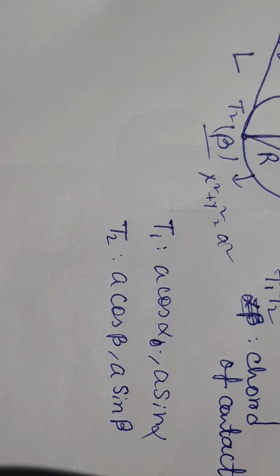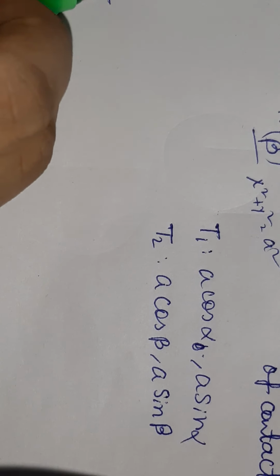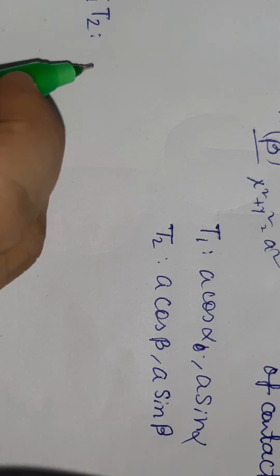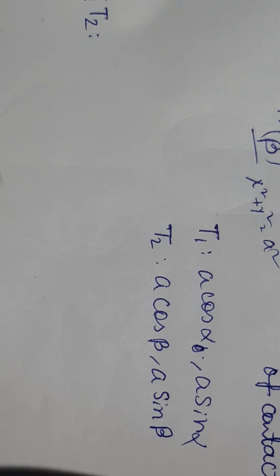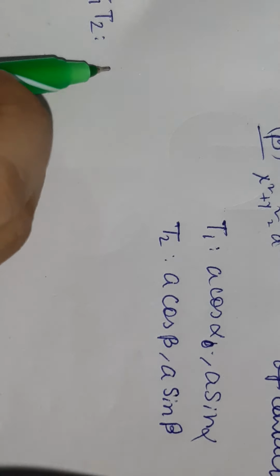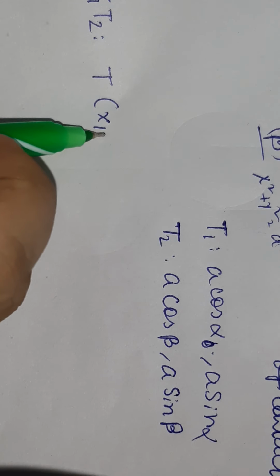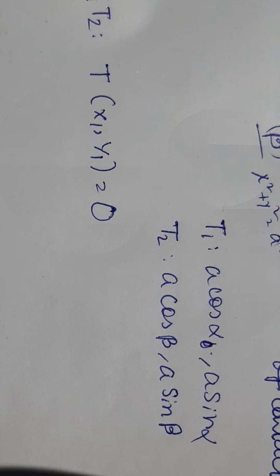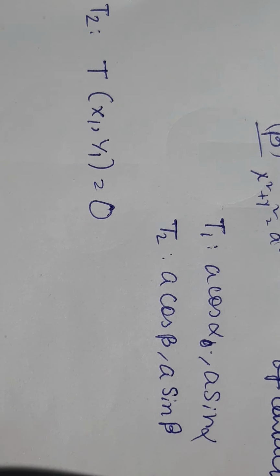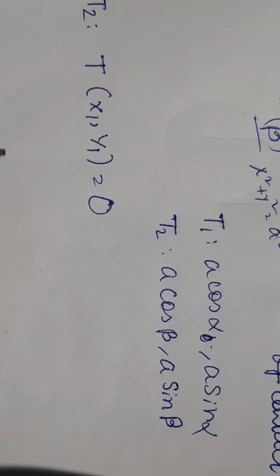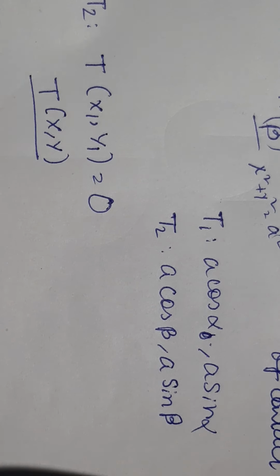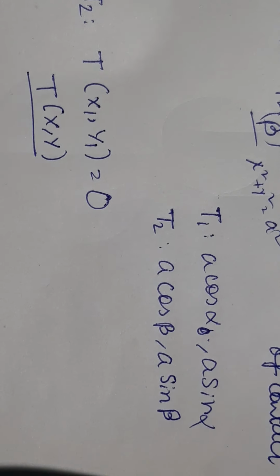The equation of the chord of contact is nothing but T of x1 y1 is equal to 0. We can develop a new notation here: T of xy is the tangent line on the circle with respect to the point xy.